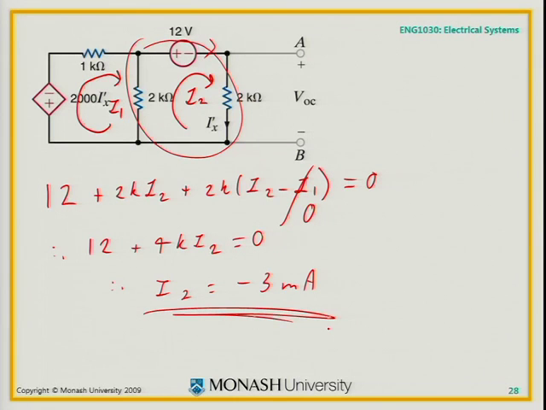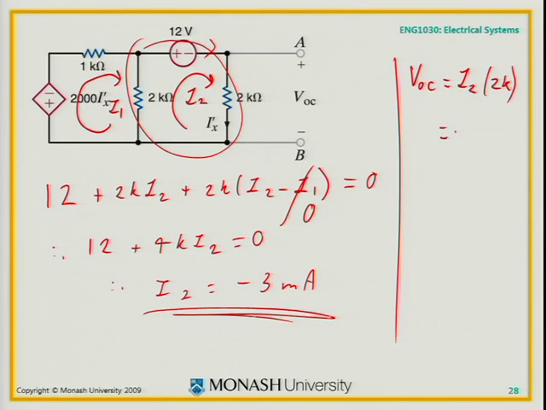Is that okay? So if you knew that, what is VOC? VOC is I2 by 2k ohms: mesh current I2, the current through the 2k resistor, times the resistance itself.